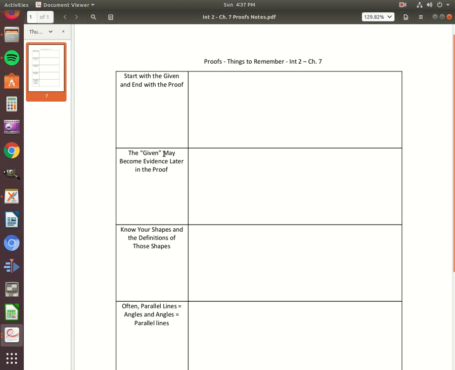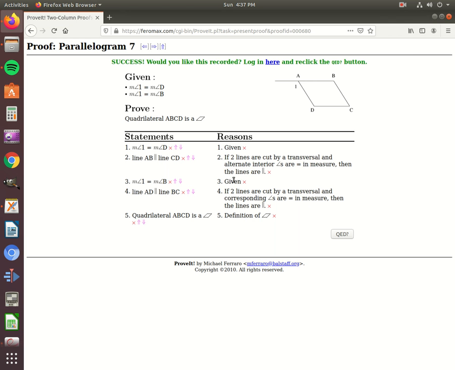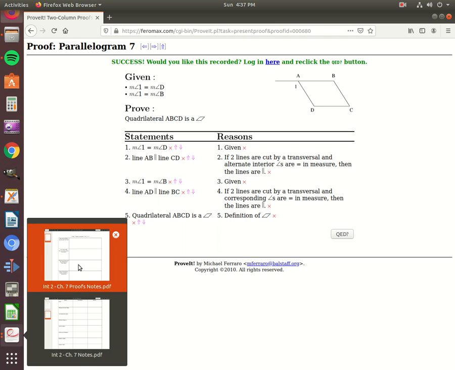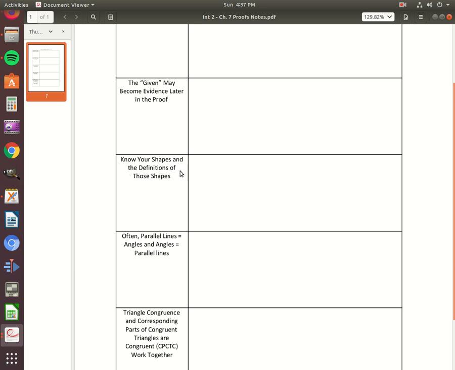The given became evidence later. I don't know if we really saw that in this one, not really in that one. But knowing the shapes was important because I knew if I wanted to prove that was a parallelogram, that I had to prove the opposite sides are parallel. Definitely use the parallel angles and the parallel lines and the angles that went with that.